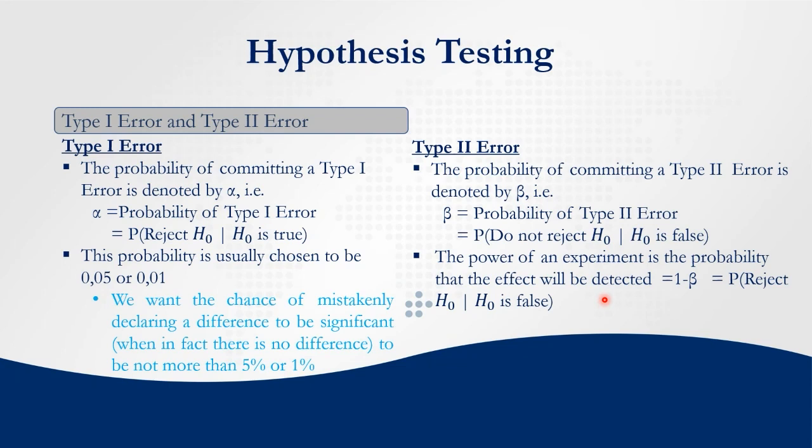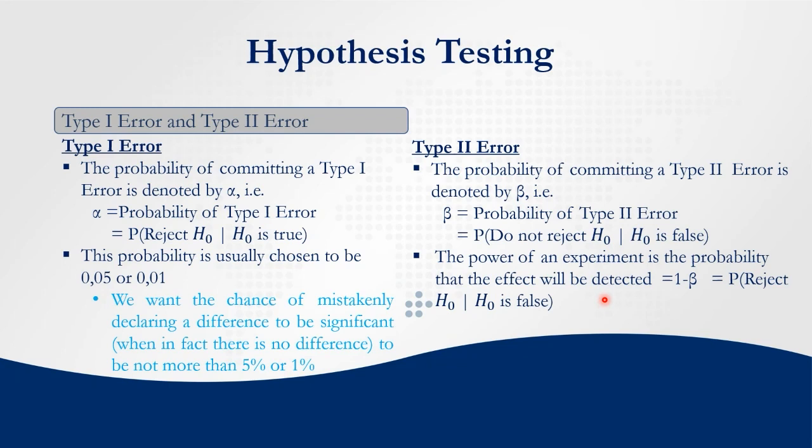And in terms of the type 2 error, it is used when we do sample size estimation, because we look at the complement of the type 2 error, which we call the power. The power is the probability that the effect will be detected, meaning that you reject H naught when it is false, that you say the treatment is effective when it is actually effective.